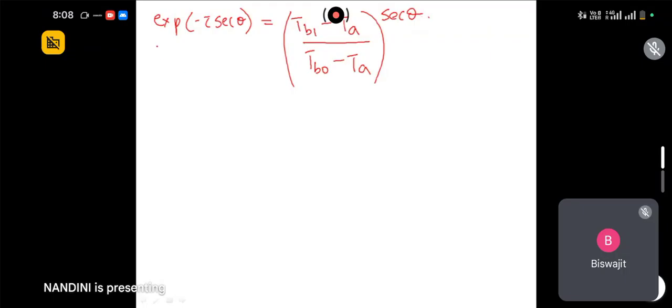Exponential of minus tau sec theta can be written as exponential of minus tau raised to sec theta. So it will be TB1 minus Ta by TB0 minus Ta, the whole raised to sec theta.